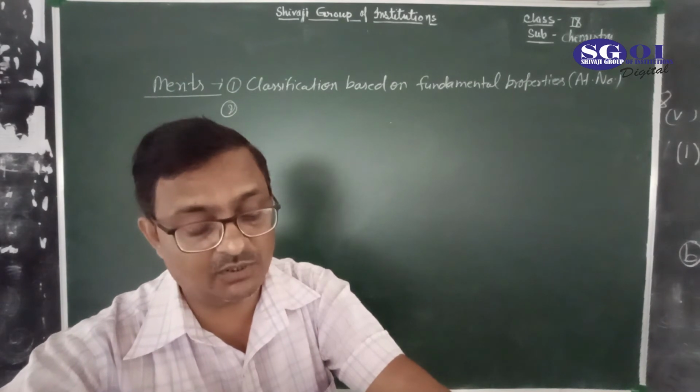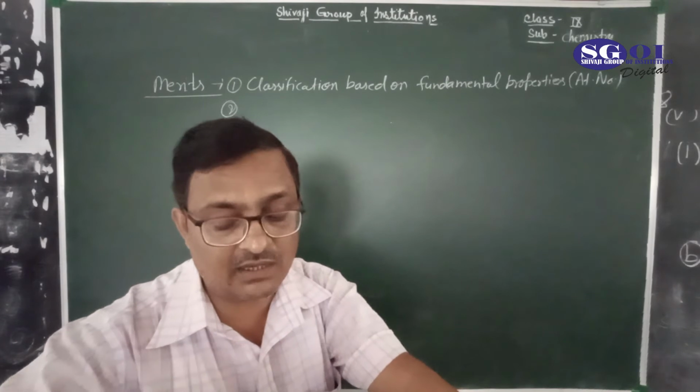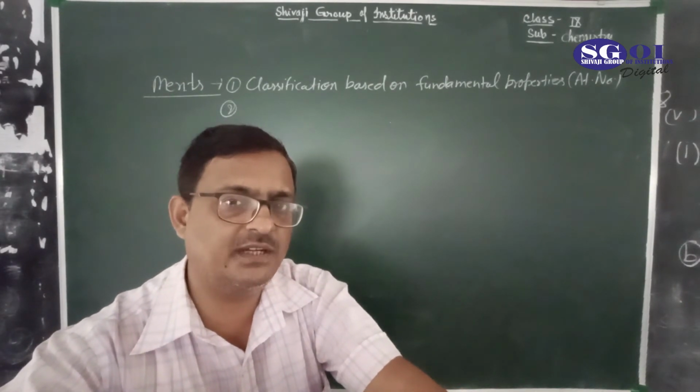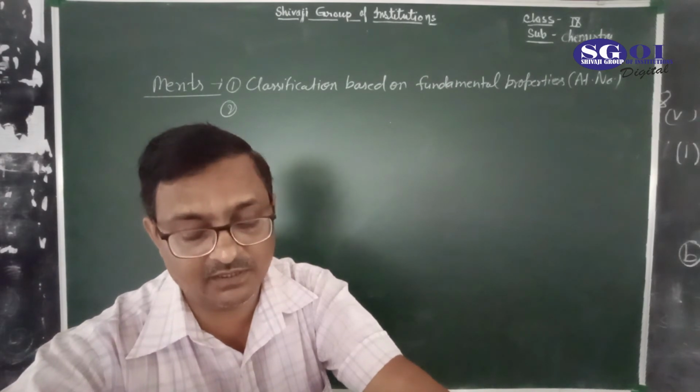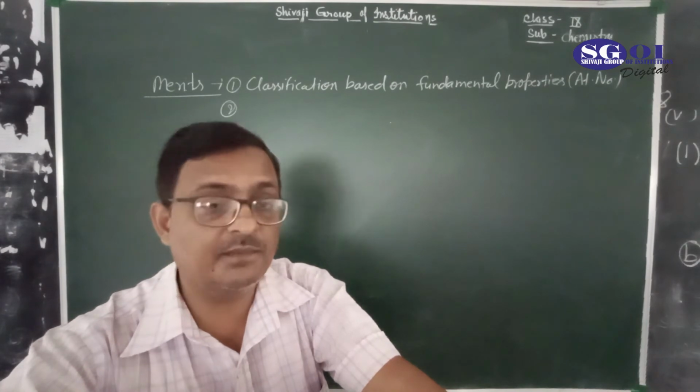Inert gases, whose valence shells are completely filled, means noble gases which have completely filled orbitals, are placed at the end of the periodic table.